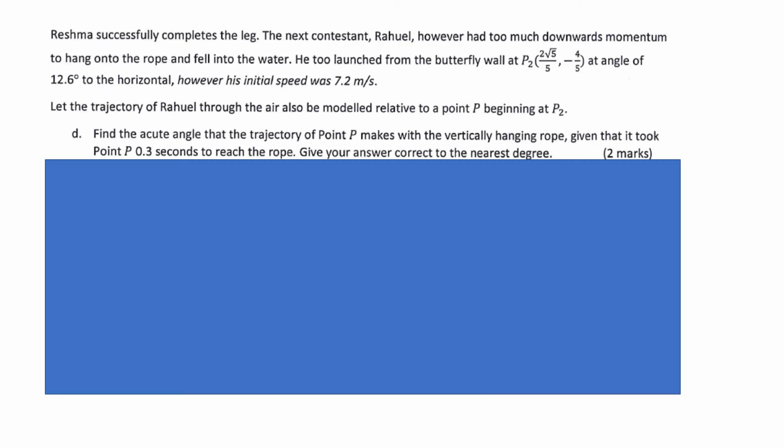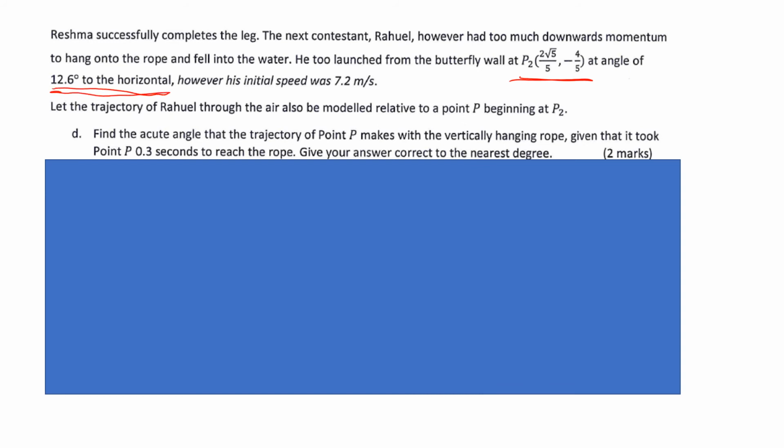All right, here's the final part of question 4. It couldn't come fast enough for many of you. But yeah, okay, let's have a look at it. So Reshma successfully completes the leg. So this is just story. The next contestant, Rahul, however, had too much downward momentum to hang onto the rope and fell into the water. He too launched from the same point, which is given to you again, (2 root 5 on 5, minus 4 on 5), at the same angle to the horizontal of 12.6.